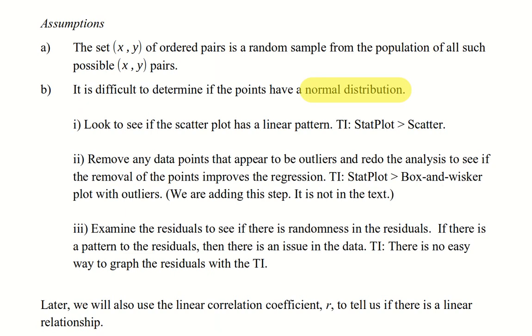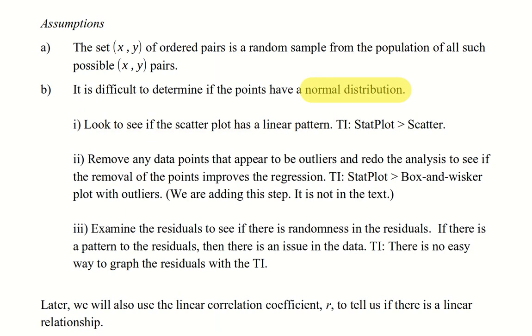Really, honestly, we're talking about looking at the scatter diagram and seeing if it has a linear distribution, if it kind of already lies along a line. So I'm going to ask you to do that. Remember, you have to enter the data every time anyway, so you might as well take a look at it. It's also a good way to check that you've entered the data reasonably correctly.